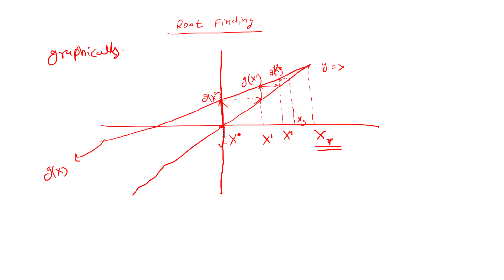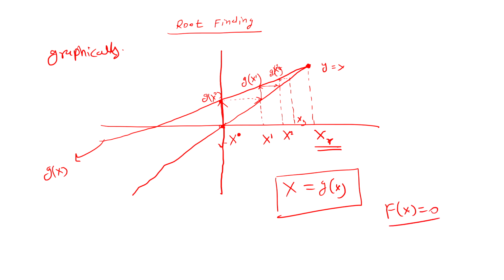This is how we are basically approaching the final solution, because when x is equal to g of x, that is this particular point, that is where the solution exists for f of x is equal to 0. So essentially, if we are trying to find out f of x is equal to 0, that means we are trying to find out the value at which x is equal to g of x. That is my point here.